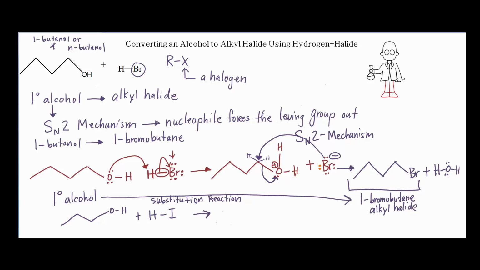So the product in this case would be the iodide, without going through the mechanism. So it depends on what type of question you're asked.